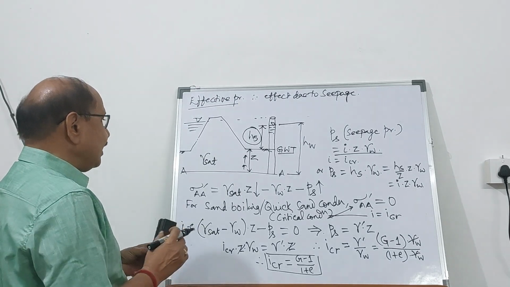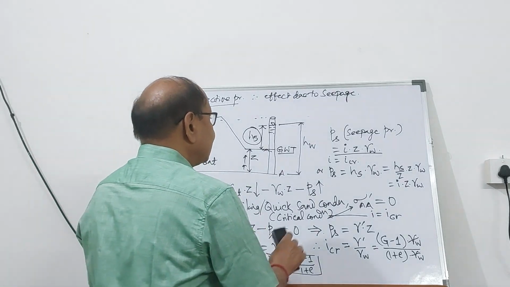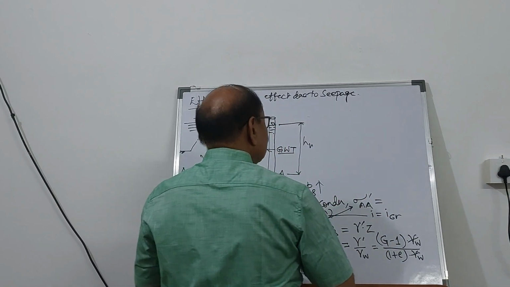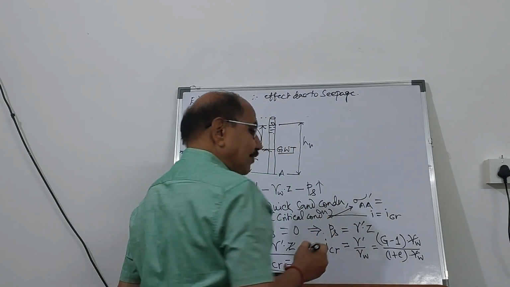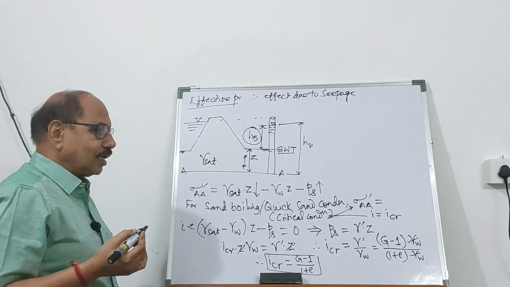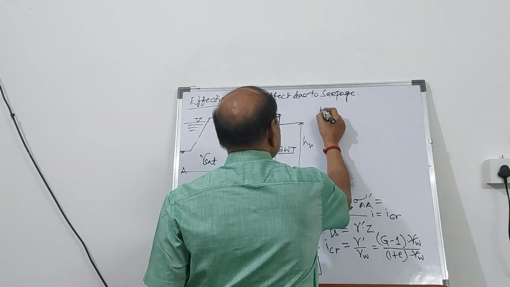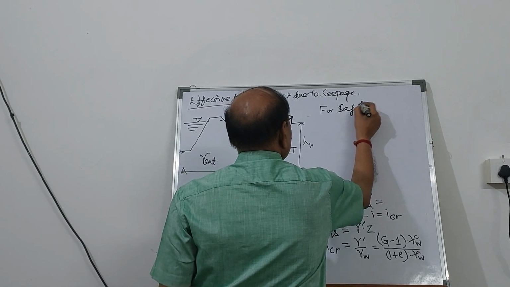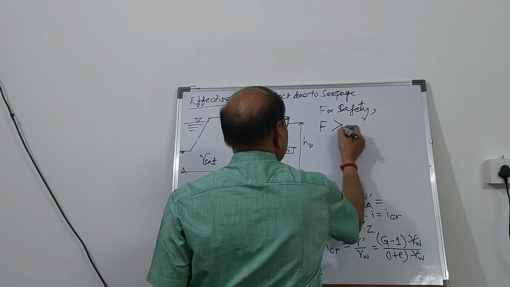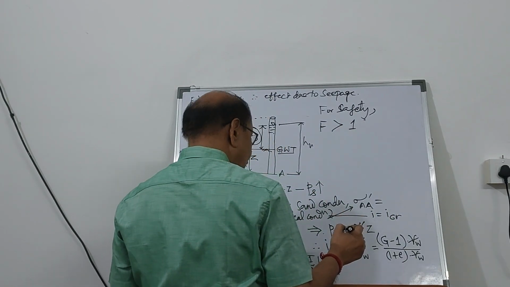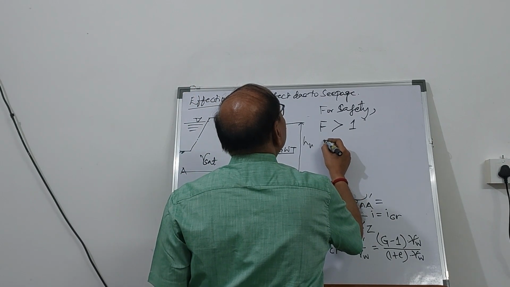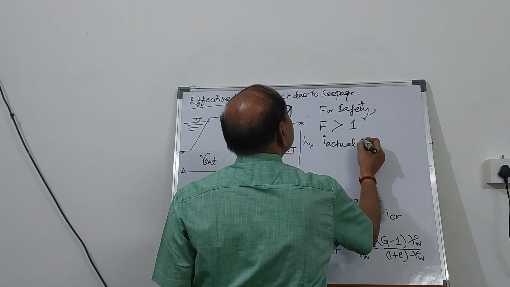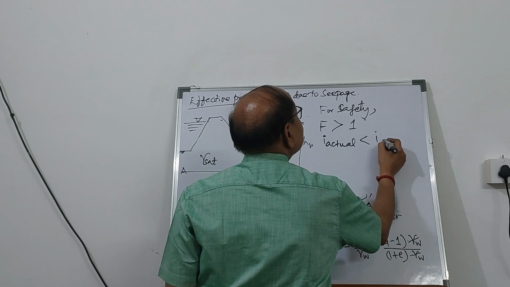Now, for safety of the structure, the actual value of i, for safety, we can say the factor of safety F must be greater than 1, or the value of actual hydraulic gradient must be less than i critical.